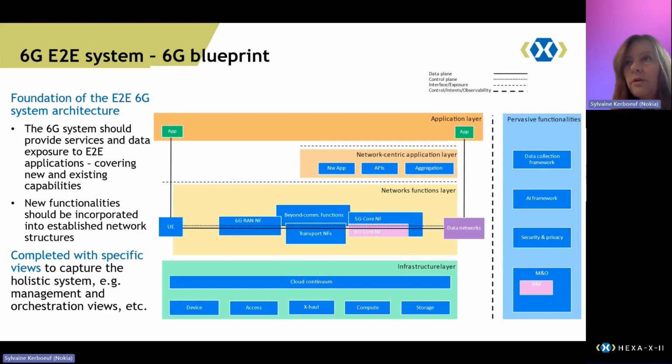It's also worth emphasizing that all those diverse functionalities interact with each other.